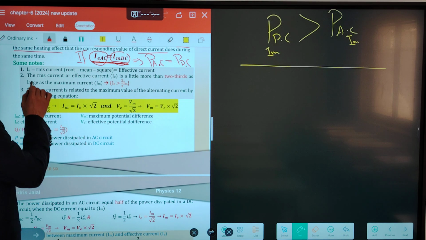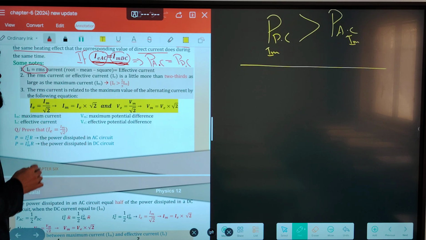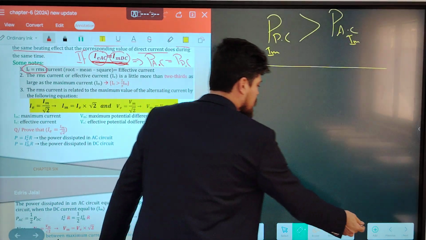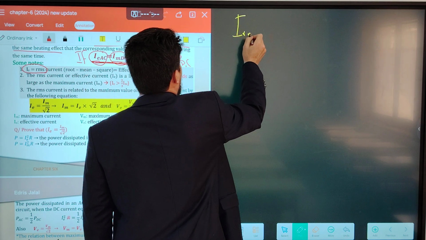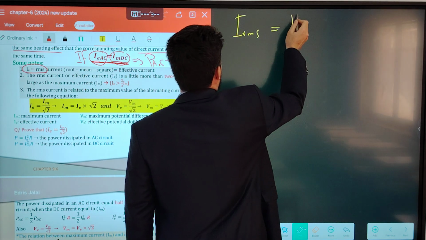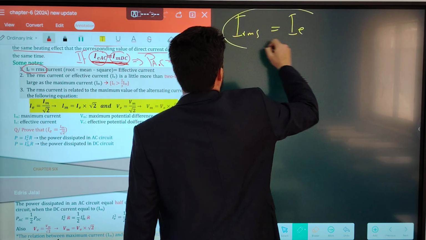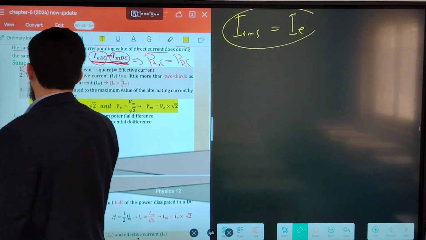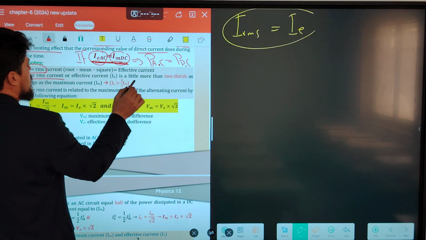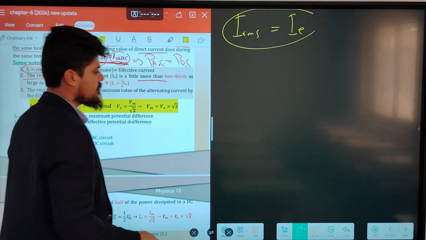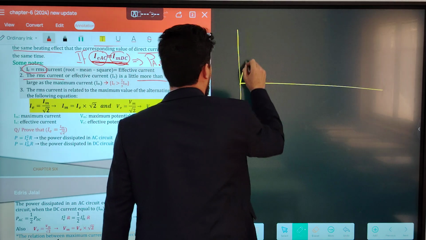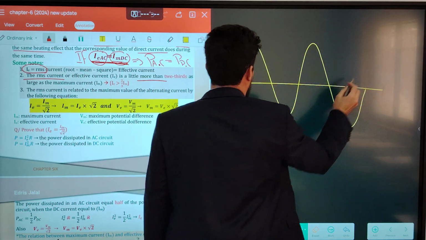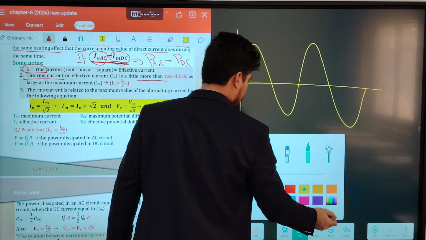Effective current has another name, which is called the RMS value. You can represent RMS current, RMS, or IE, it is the same thing. There is no difference between them. Root mean square. The RMS current, which is effective current, is a little more than 2/3 of the maximum. How? For example, in an AC source, where is the maximum value?